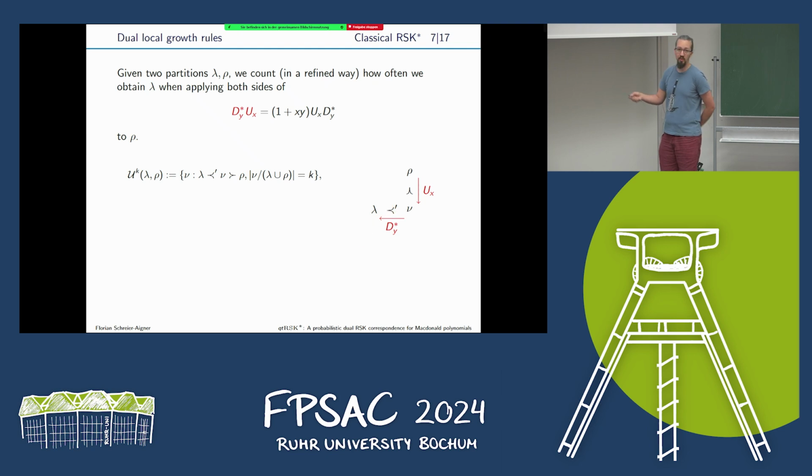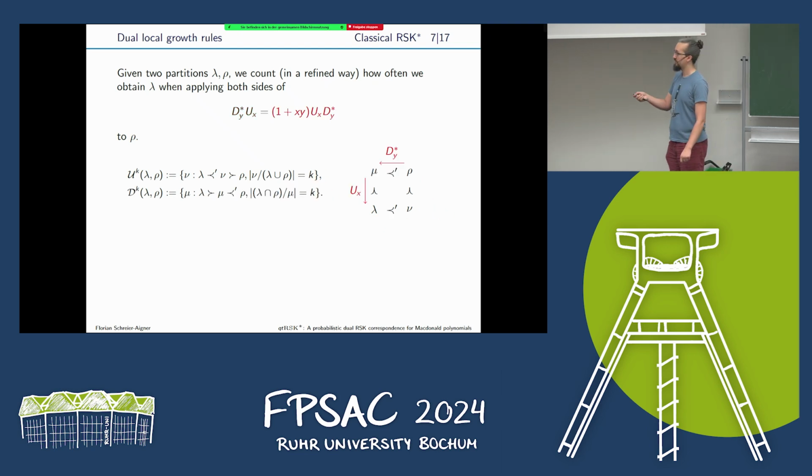And then we might add some extra cells and delete them as well, and this is encoded by this parameter k here. And similarly for the other side, if we go down first, we might end up with some mu. The maximum mu we can have is the intersection of lambda and rho, but we might delete more cells, which is again denoted by this k.